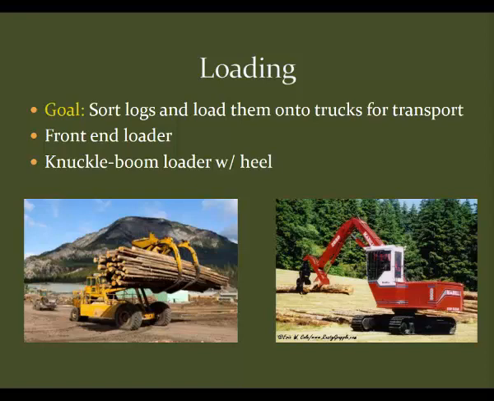The knuckle is that piece in the back that kind of pushes against the back of the log as some sort of pincher piece grabs the log and prevents it from swinging around so much. But these kinds of pieces of equipment are usually picking up the logs from the landing site where they've been processed and gathered and loading them onto some sort of truck.